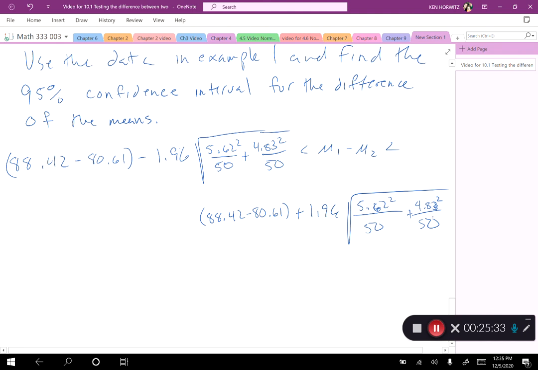All right, usually I like to do the standard error first. Putting too much in your calculator all at once invariably is going to make a mistake. It will return a value for you. It will just return a wrong value.